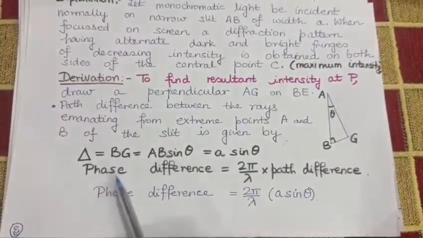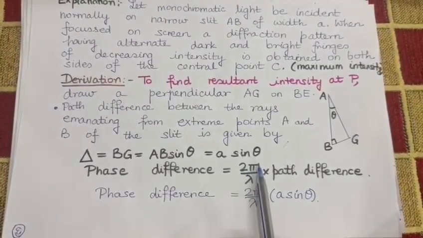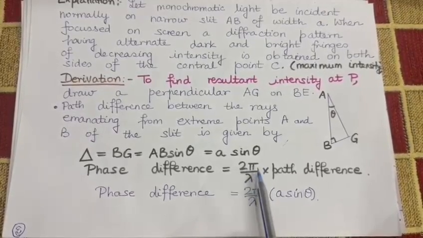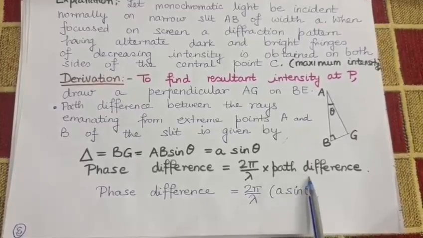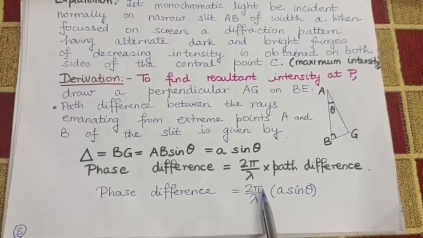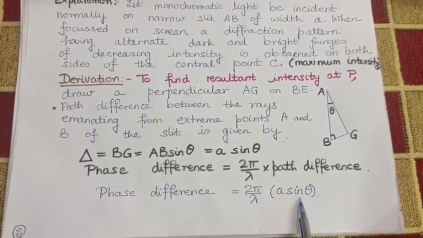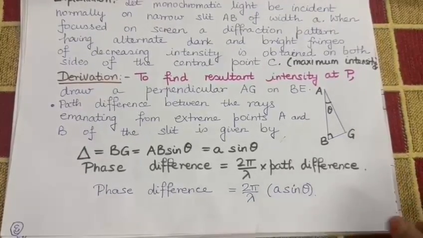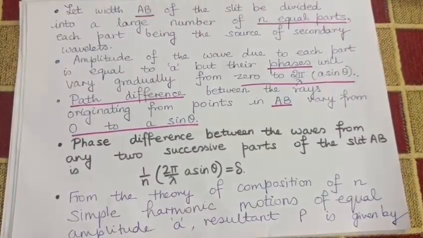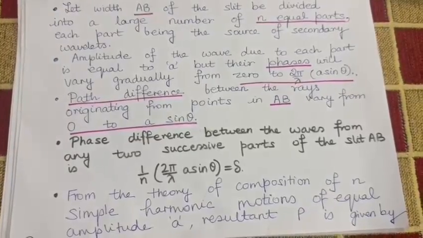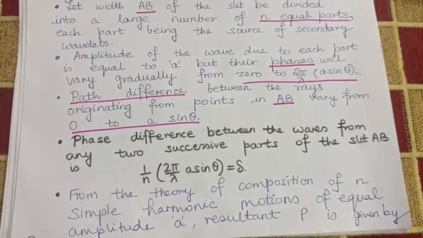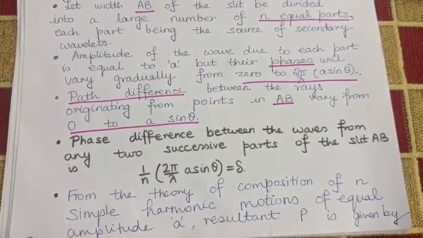So what we do is we first find the path difference, and then the phase difference is given by 2 pi by lambda into path difference. So the phase difference becomes equal to 2 pi by lambda into path difference a sin theta. Next, let the width AB of the slit be divided into n equal parts, each being the source of a secondary wavelet.